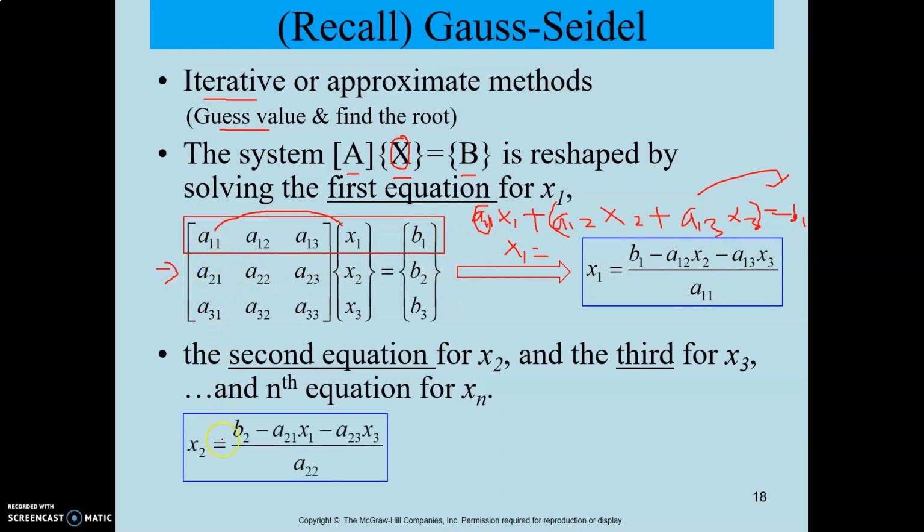So you can continue with the second equation here, right? So from here you can form a21 multiplied with x1, and you continue with a22 multiplied with this, and lastly you have the remaining term.